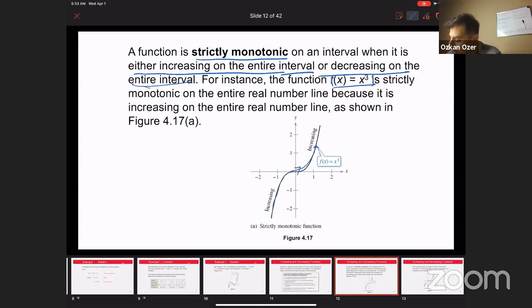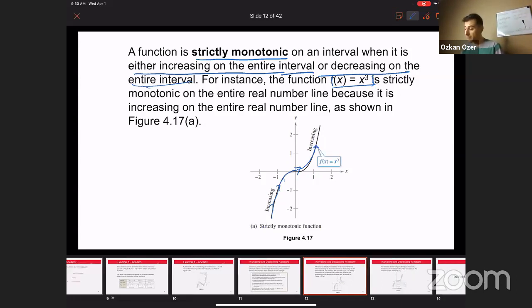It just keeps increasing all the way. There's no sub-interval where this function decreases. So for that reason, I can call this function a strictly monotonic function, and I can in fact say that it is a monotonically increasing function, okay?